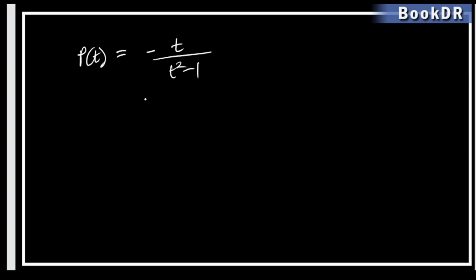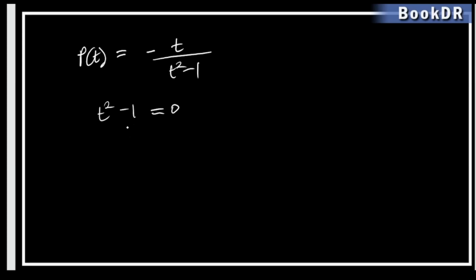This function will be continuous except when t squared minus 1 equals 0. The function is not continuous at the point where t squared minus 1 is 0.